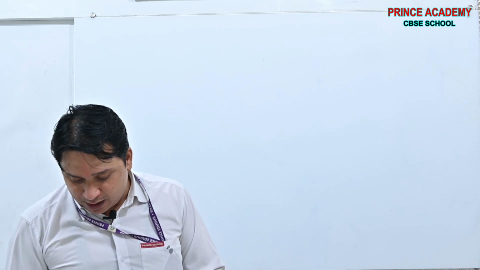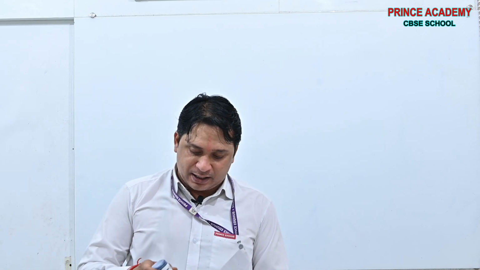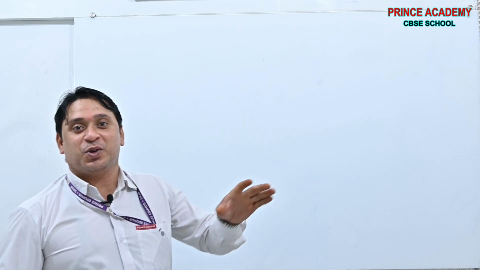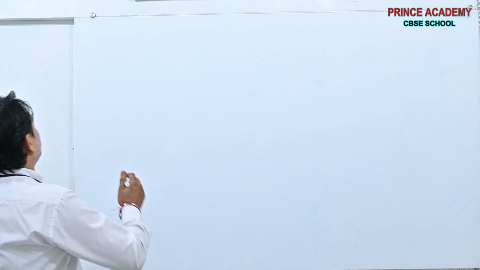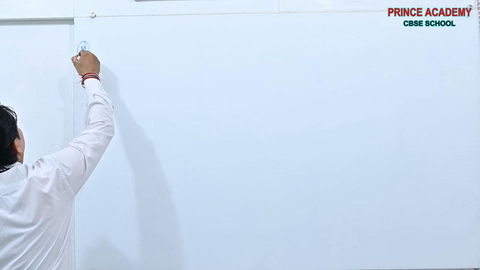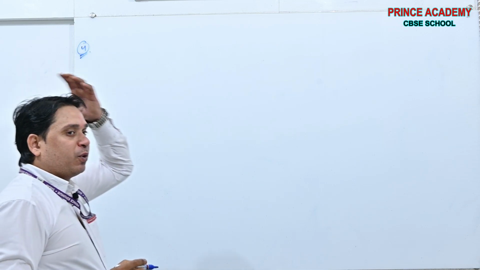No student was able to solve this question successfully. Why? Because the question is so simple that it becomes difficult, because students take the question very lightly. Do not take any question lightly.